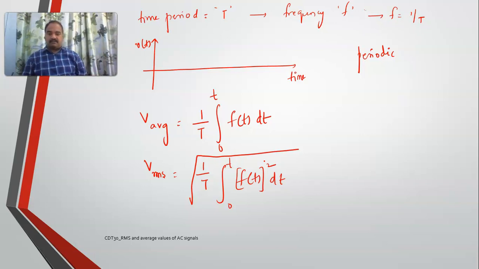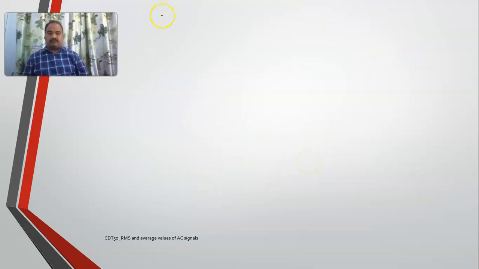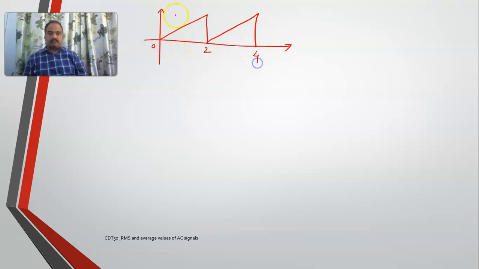Now how we will do that, we will see now. Try to remember this formula. I am moving on to a problem. Let us suppose there is a pattern given, and it is continuing.